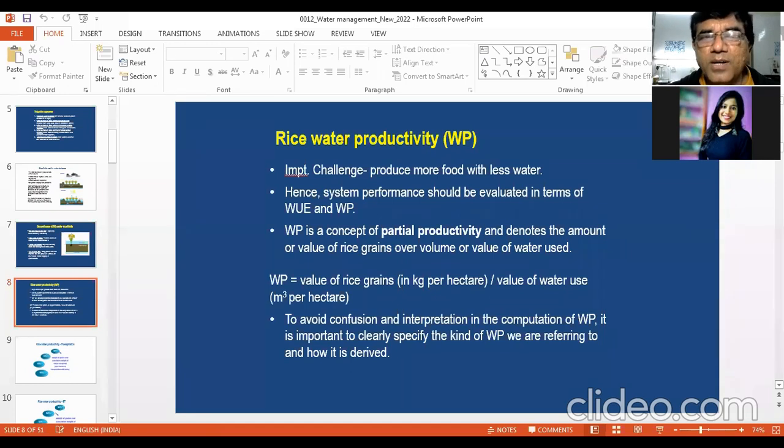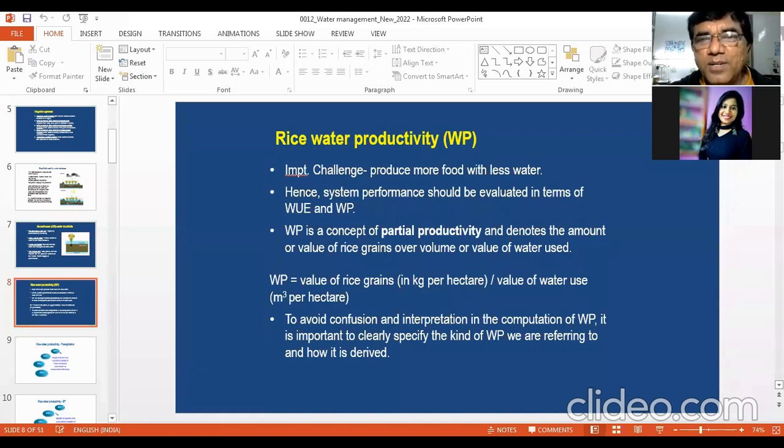That is rice water productivity. The other thing is the actual consumption of water for producing the grain. Many times you cannot avoid ET losses, evapotranspiration losses, which are also considered consumptive use of water. And grain per unit of ET is your water use efficiency.